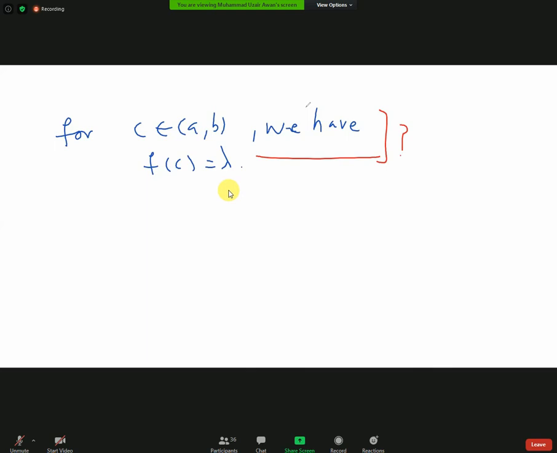You must have studied it in Real Analysis 1. In the open interval (a,b), we have f of c is equal to lambda. You must have studied this in Calculus 1 and also in Real Analysis 1.